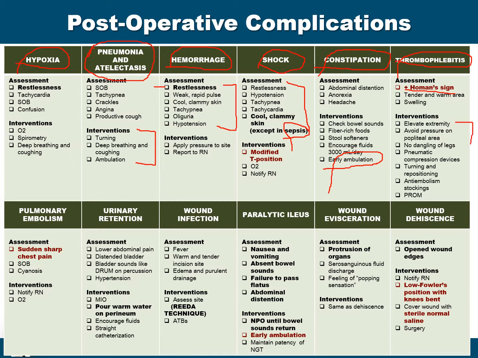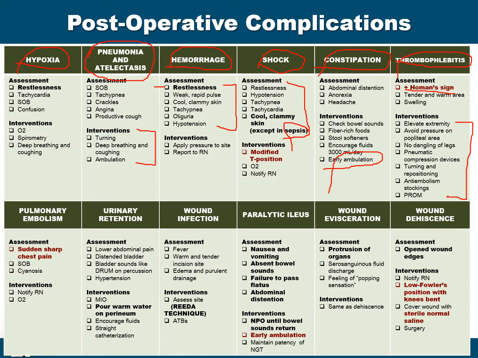These are all the interventions for thrombophlebitis. It includes elevating the extremity to promote circulation and venous return, avoiding pressure on the popliteal area, so it's important not to put anything behind the knee. Also, avoid dangling of the legs. We also apply a pneumatic compression device.